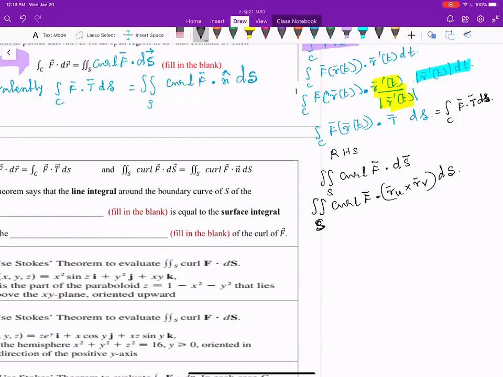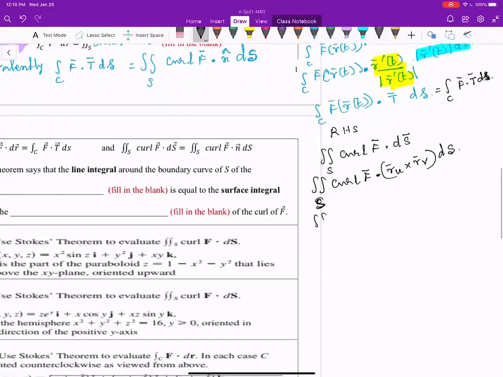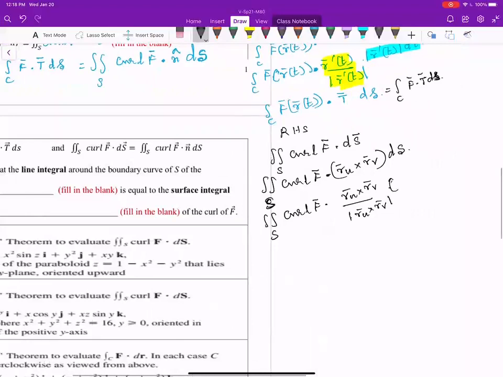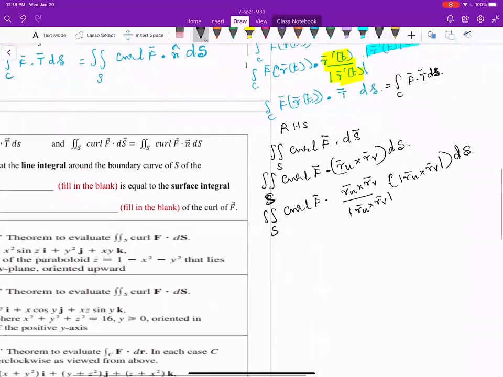That is the double integral over S of curl F dot. Here also you multiply and divide by the length of the Ru cross Rv vector. Then you are multiplying again by the length of the Ru cross Rv vector dS, uppercase.